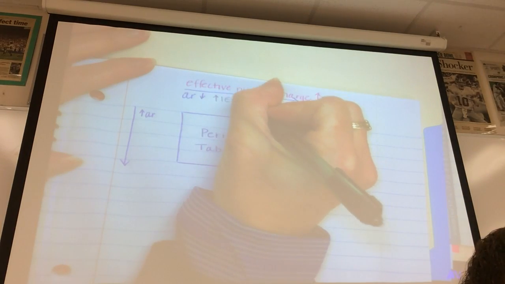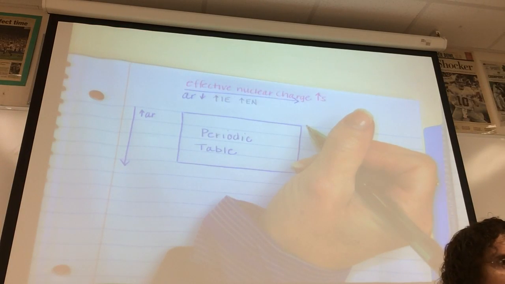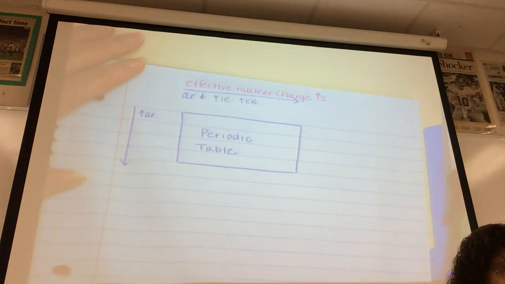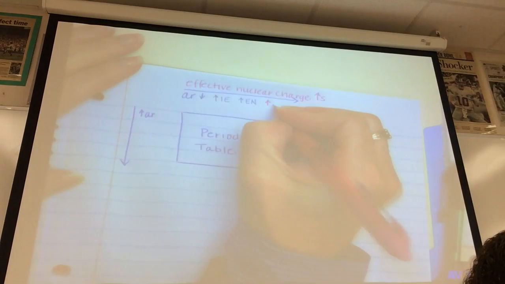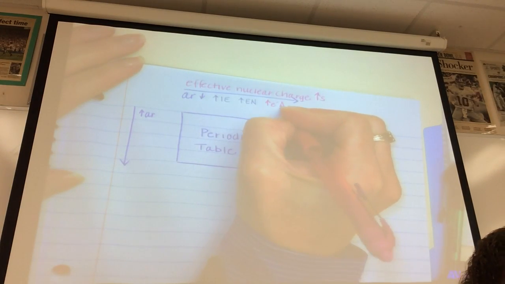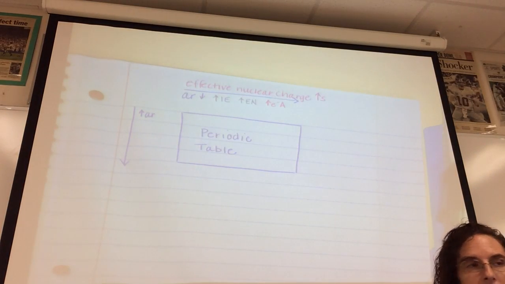The electronegativity increases. That's the ability of a bonded atom to attract electrons to itself. And the electron affinity, the ability of an atom to attract and hold an electron. That's the energy required to attract and hold an electron. We'll go through all of it.